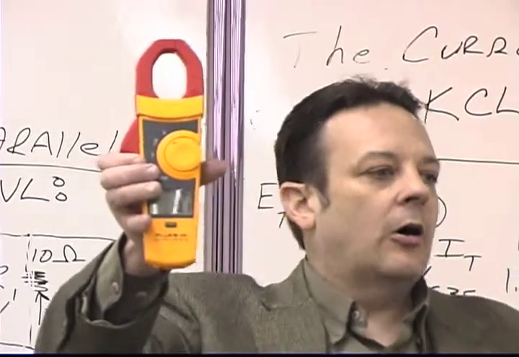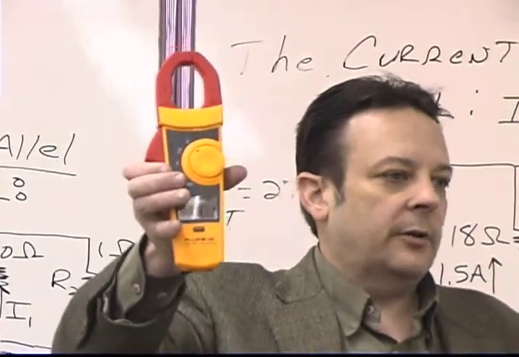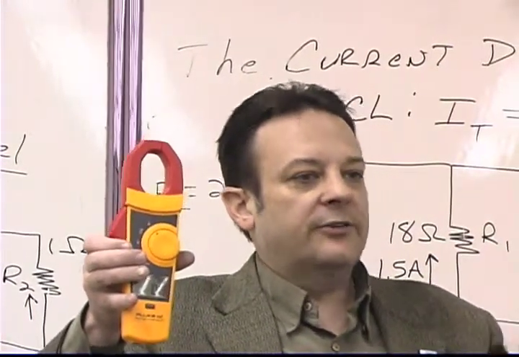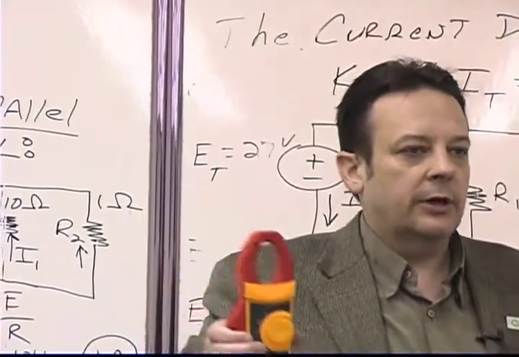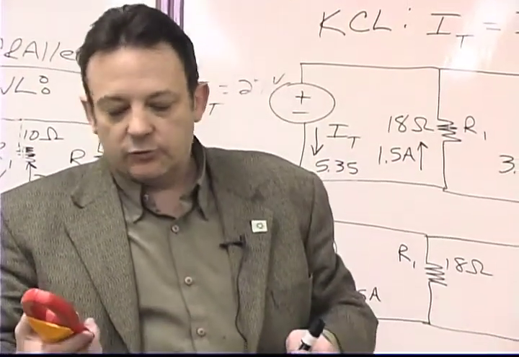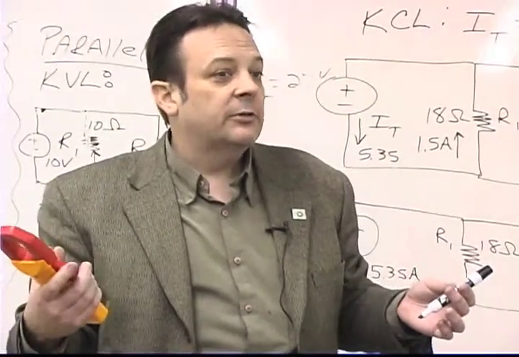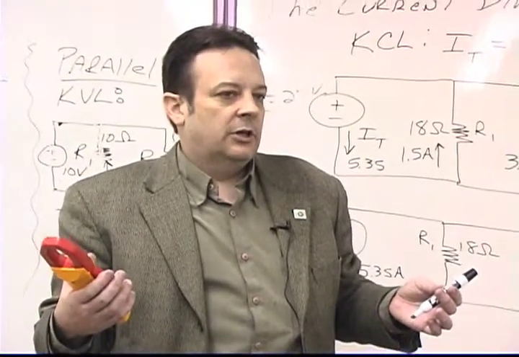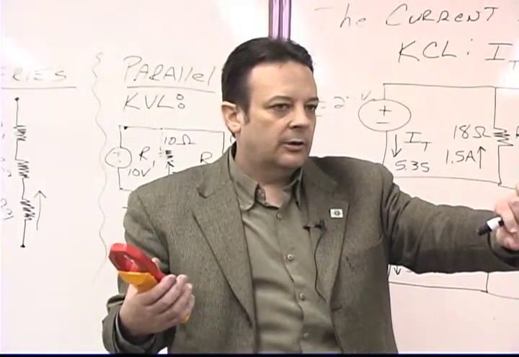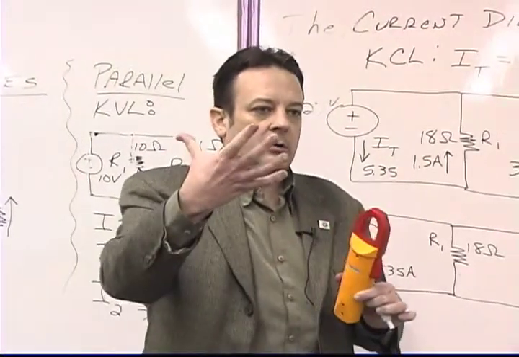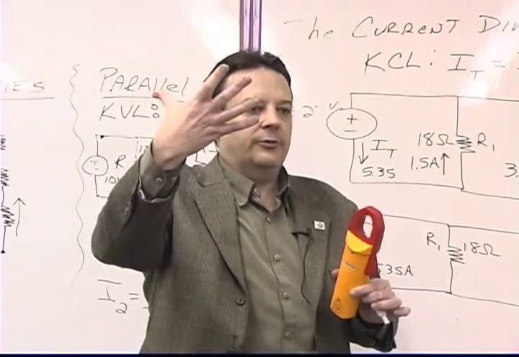We call this a Hall effect current meter, okay, because it uses a process in physics that was discovered by a guy named Hall, okay. But it's extremely useful and extremely safe, because if you're trying to measure the current that's flowing through a wire, okay, and you've got a glove on that's rated for 1,000 volts.